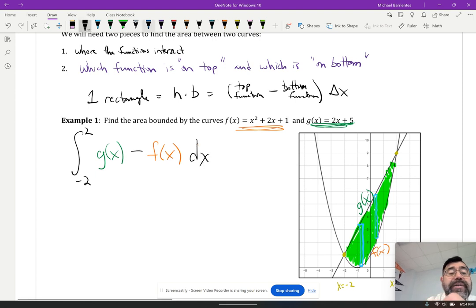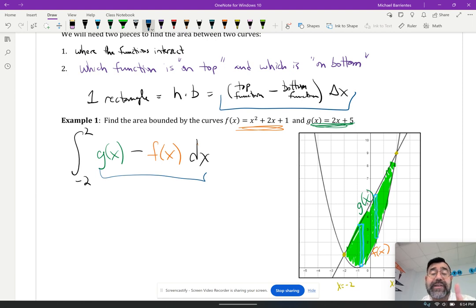This would have given us one rectangle, but we want to add an infinite number of rectangles, which is why we're doing the integral from negative 2 to 2. An integral is an accumulator. It's accumulating all these areas of rectangles. And my area of a rectangle is given by g of x minus f of x times dx, which stands for my delta x.